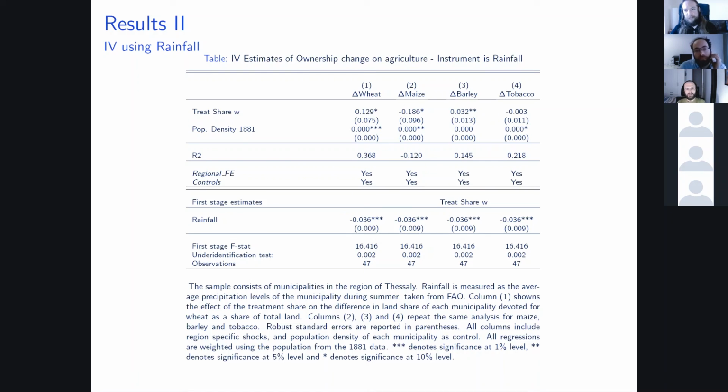So therefore I suggest you either apply the small sample correction or use limited information maximum likelihood to estimate this system of equations, because limited information maximum likelihood performs better than two-stage least squares when you have so few observations. So this could change a little bit the evidence with respect to OLS, but don't expect any miracle. You always have 47 observations.